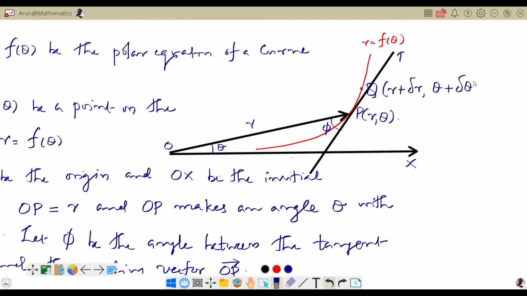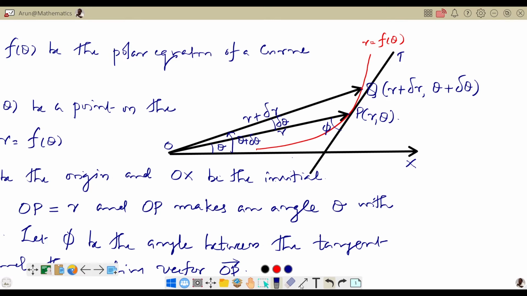The length of this radius vector is r plus delta r. This total angle is theta plus delta theta, so that this angle is delta theta.